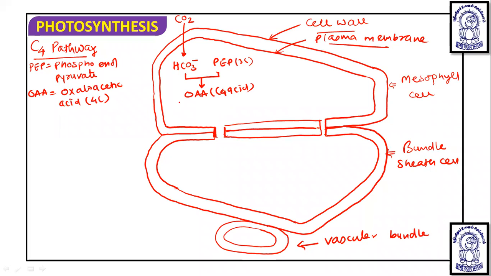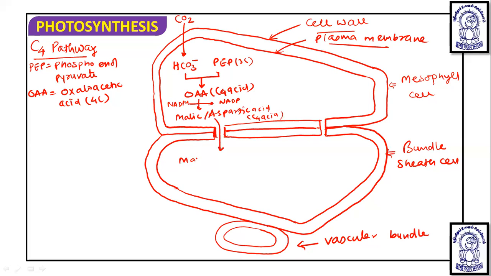Okay, now after this, oxaloacetic acid, with the use of NADPH to NADP, is converted into malic or aspartic acid, and these are also of 4 carbons, so we call it a C4 acid. Now this malic acid or aspartic acid is transported to the bundle sheath cell.